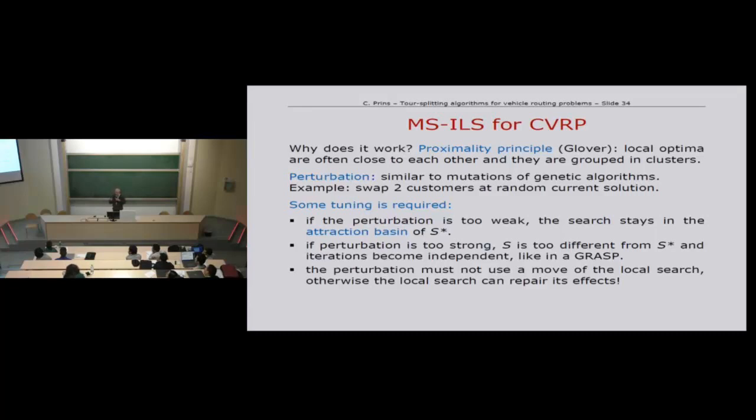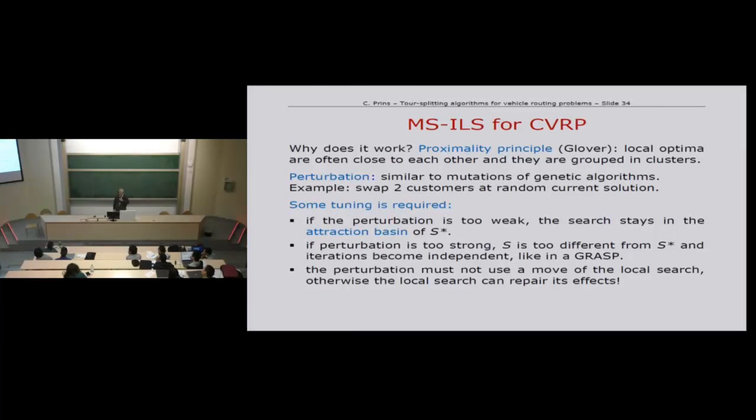So it's a fruitful principle, when you are at the current local optimum, to do little jumps, perturbation plus local search, to try to reach the neighboring local optima. And the perturbation is very easy. It's similar to the mutation of a genetic algorithm. For instance, you swap 2 customers at random in the current solution.